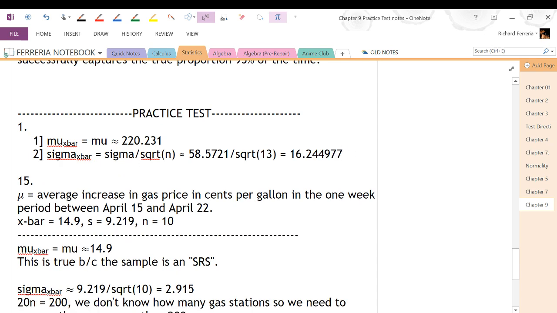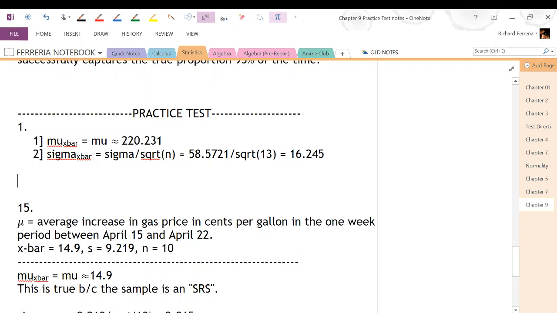And that's what we get there. So that's actually all the stuff we need for the shortcuts.